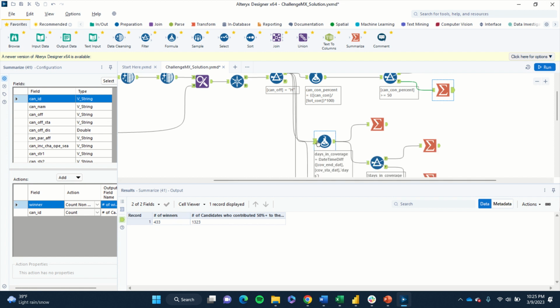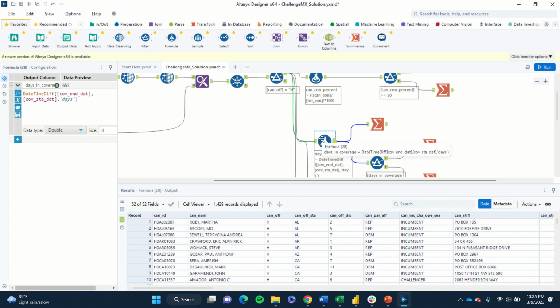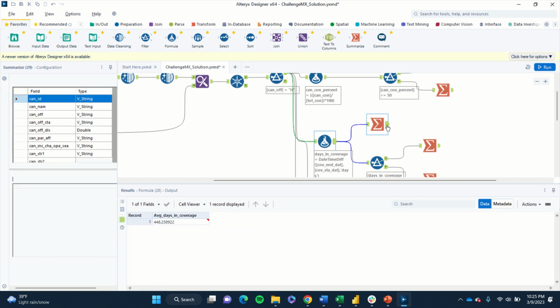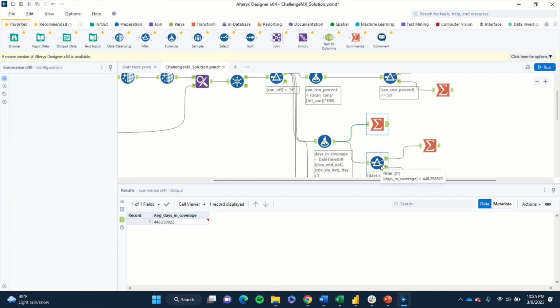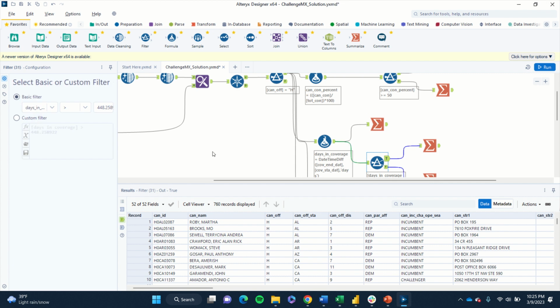The next analysis was to see if there is a correlation with coverage time. We're still looking at House Representative candidates. We used a formula to calculate the number of days a candidate was in coverage. We want to see if there is any recency bias in play, or if it's just that the more media attention, the better. We calculated the average for all candidates, and input it into a filter tool to see which candidates were above average and which were below.